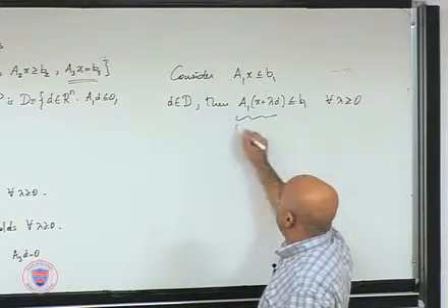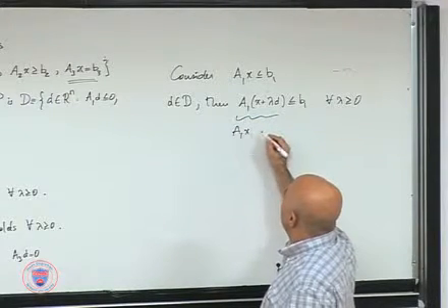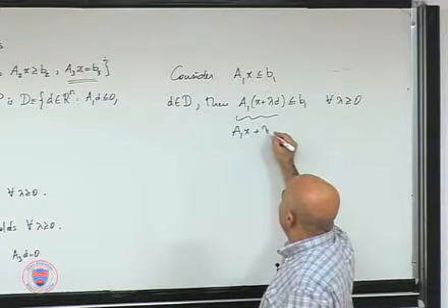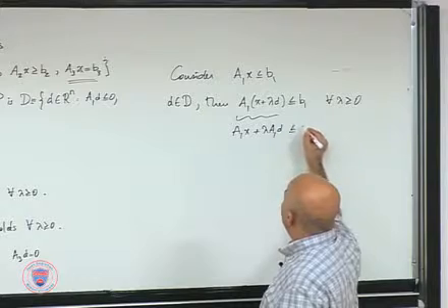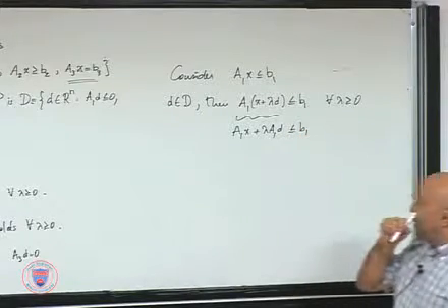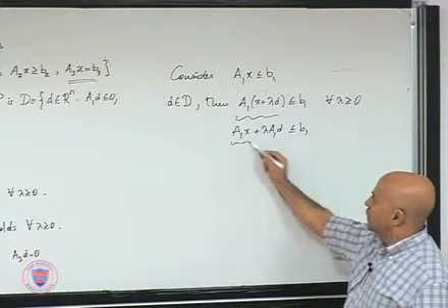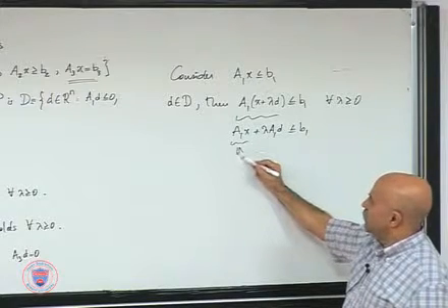And this part gives A1x plus lambda times A1d less than or equal to B1. So what do we know about this? This is already less than or equal to B1.